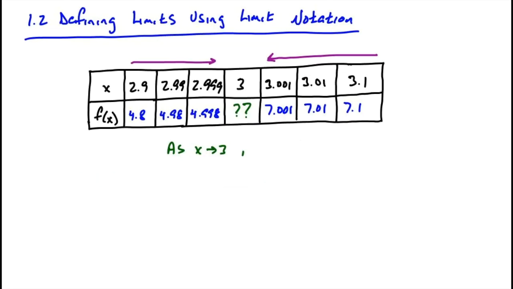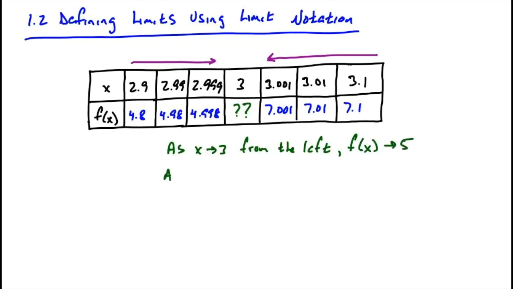But we can make two separate claims now. We can say that as our x values approach 3 from the left-hand side, the 2.9, 2.99, 2.999, we can say that the y values are still getting closer to 5.